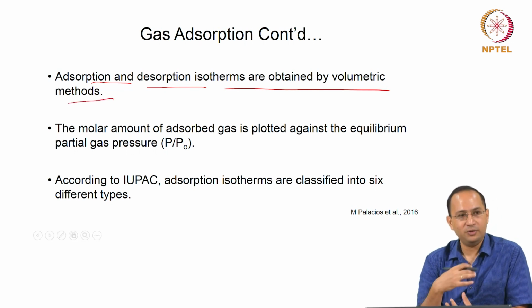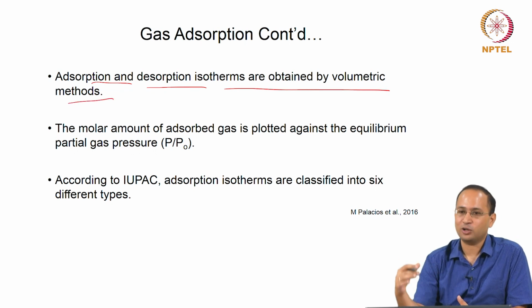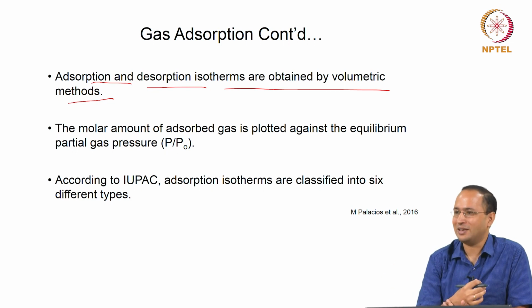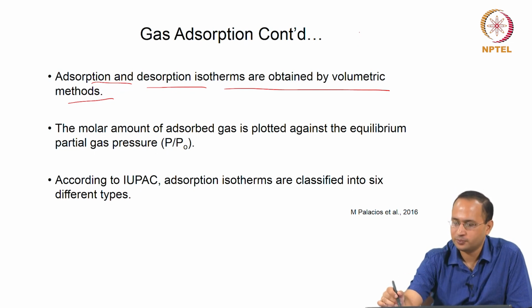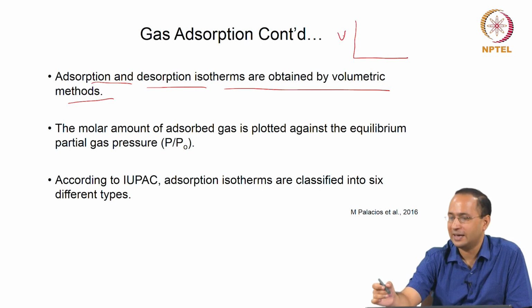We carry out this adsorption test and also desorption. Desorption is removing whatever is adsorbed, and we can get these isotherms. If you plot the volume of adsorbed gas versus, let us say in this case, partial pressure, anyway we will come back to it.